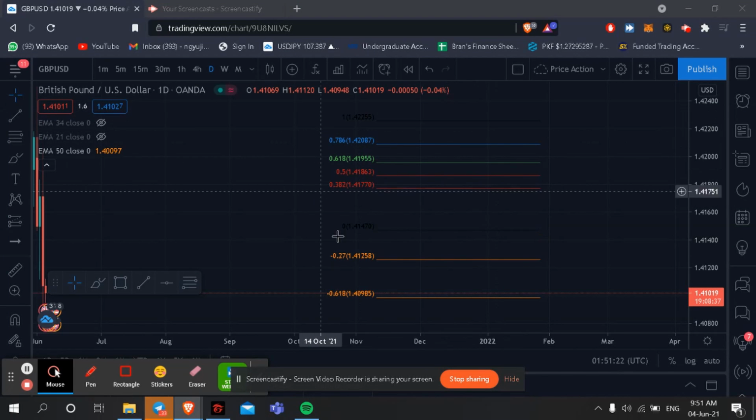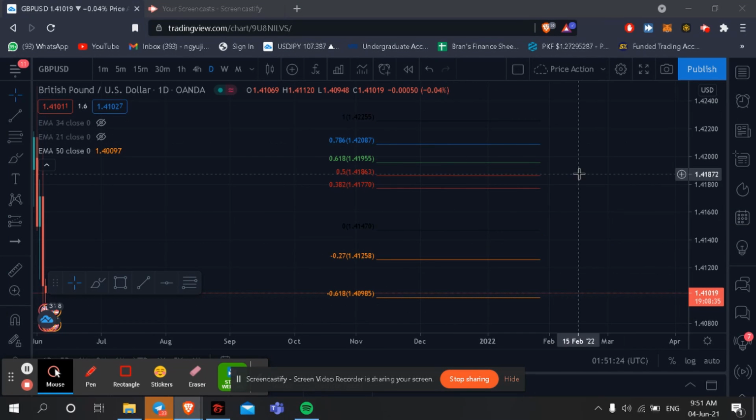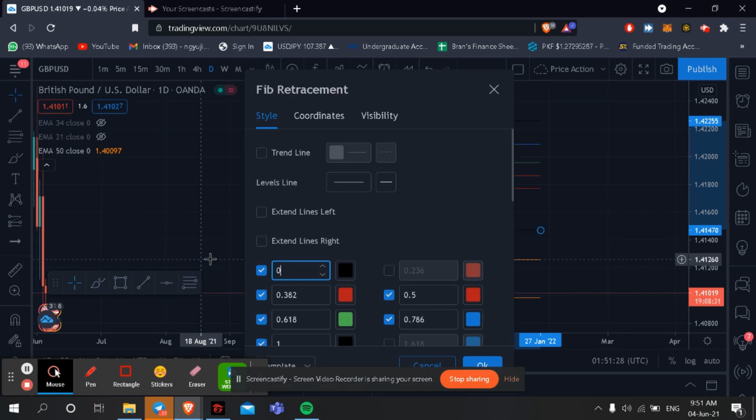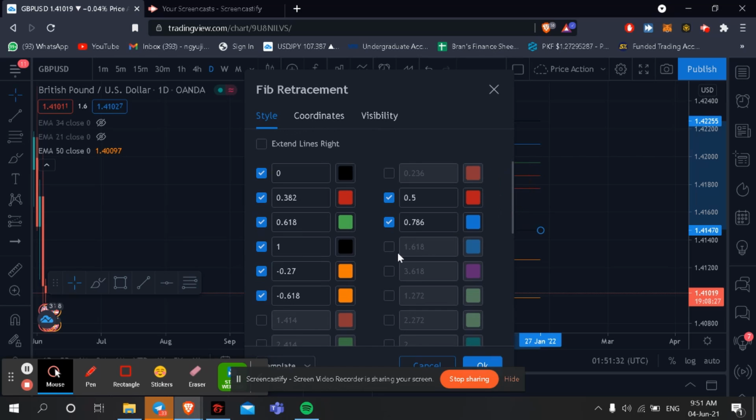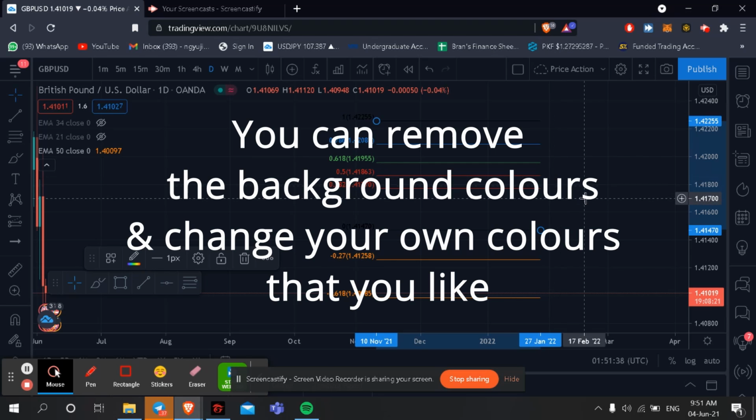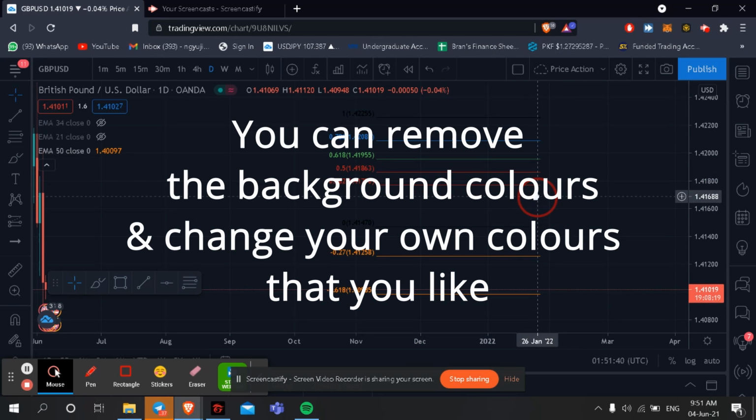Okay, so typically this is how a fib retracement tool will look like. It may not look like this at first, but you can follow my settings over here. You can just pause the video and copy over. So anyway, more explaining further how the fib retracement is used.